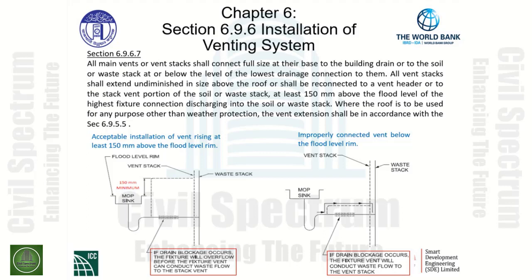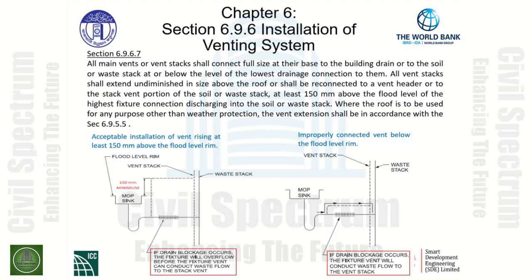Where the roof is to be used for any purpose other than weather protection, the vent extension shall be in accordance with section 6.9.5.5 as we discussed in prior slides.